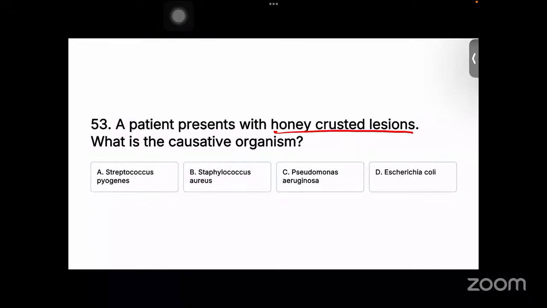Both can cause honey-crusted lesions, but if you ask me the most common one, I will go for Staph aureus rather than Streptococcus pyogenes. If the answer is GAS or GBS, correct me if there is an option mistake.